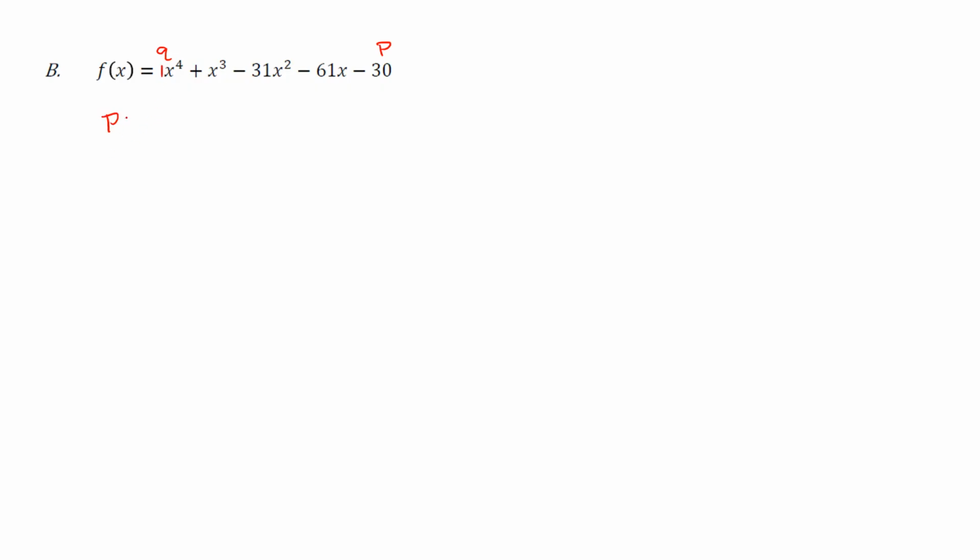So p will be the factors of 30, which is 1, 2, 3, 5, 6, 10, 15, and 30, divided by q, which would just be 1.